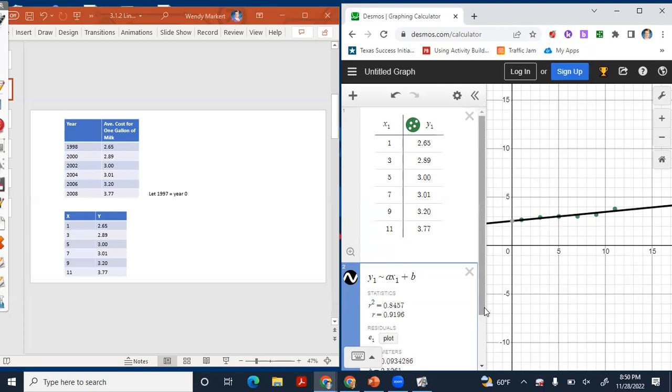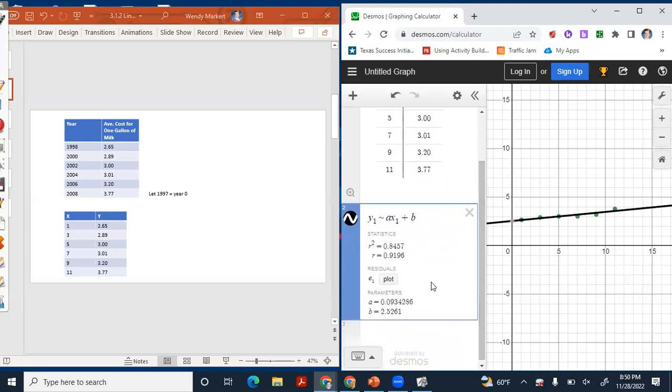And Desmos calculates our regression line. Here we see r is equal to 0.9196, and that is very close to 1. So this is a very linear relationship. So it shows us that a is calculated to be 0.0934286 and b is 2.5261.